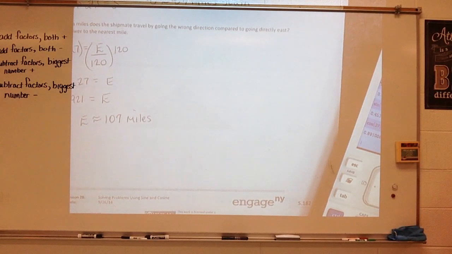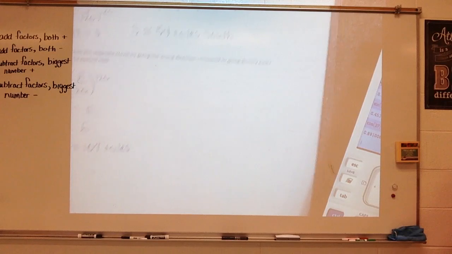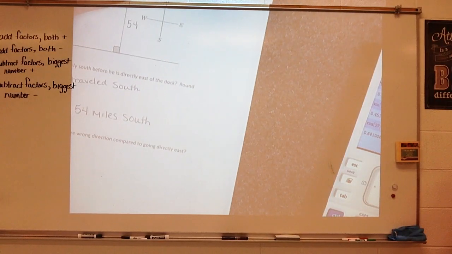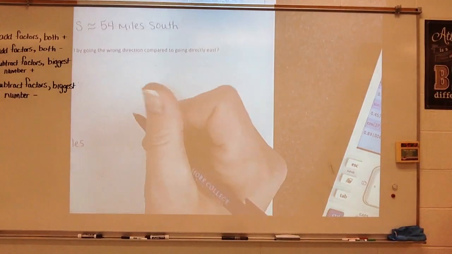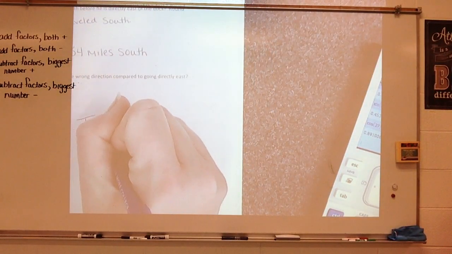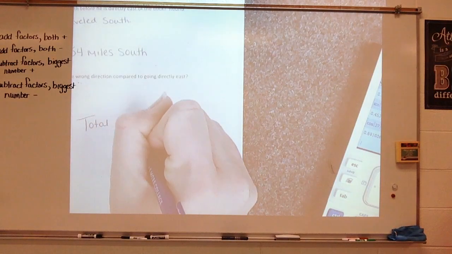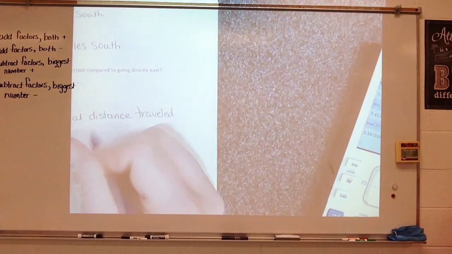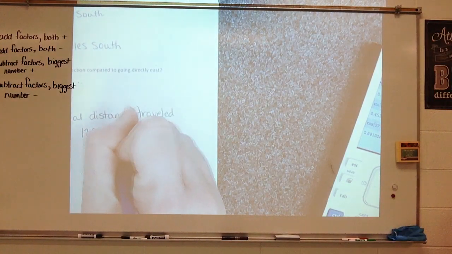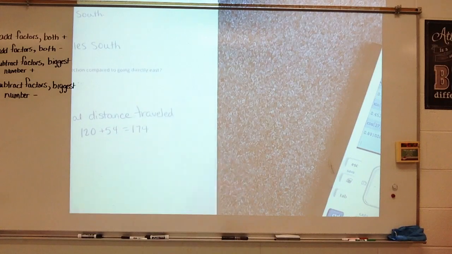Alright, so the total distance traveled by the boat is 120 plus 54. We have the 120 here, and then the 54 here. So the total distance traveled was 120 plus 54, which is 174.